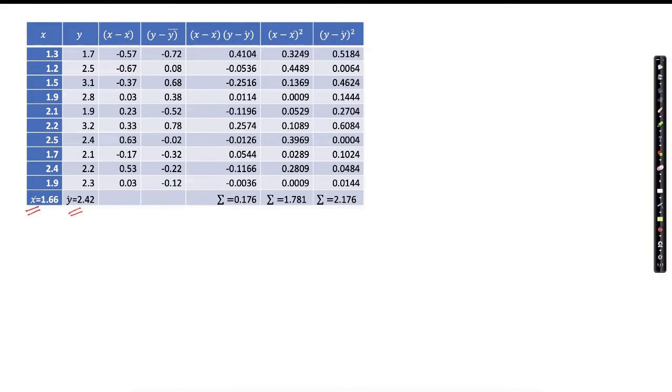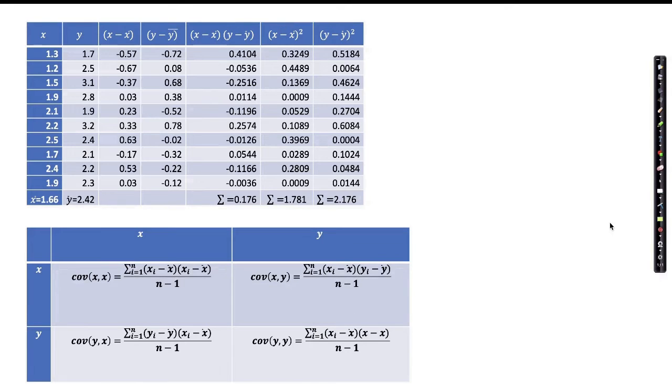We have also computed x minus x bar whole square, x minus x bar into y minus y bar, then y minus y bar whole square, which we will use in computing the covariance matrix. Now let us see how to put these values in the covariance in order to compute the covariance matrix.